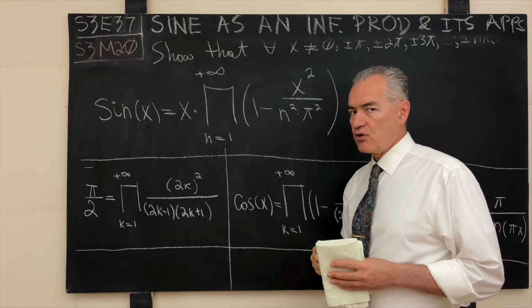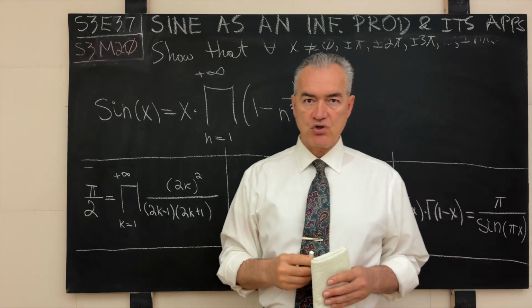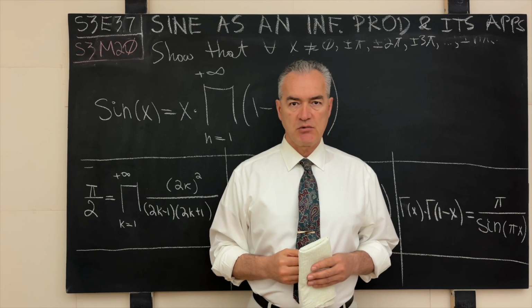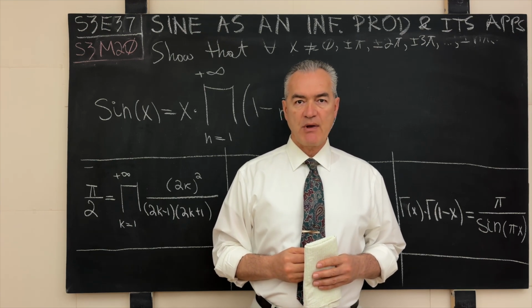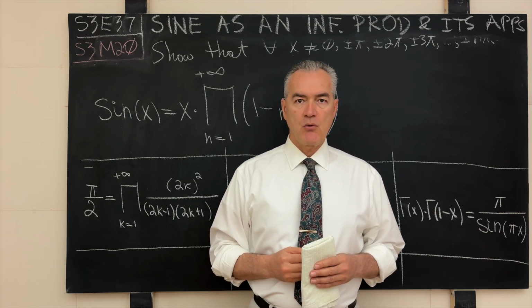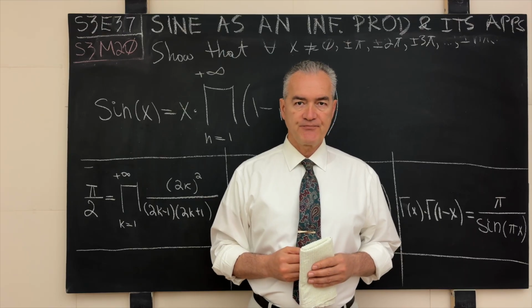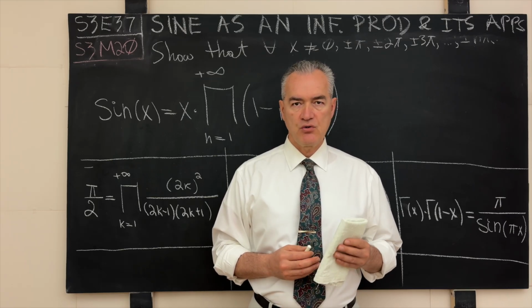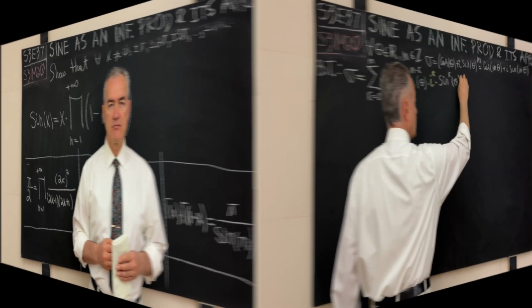And usually on this channel, when I present a solution, I write along as I develop that solution, but because in this particular problem there will be a very large amount of writing involved, I will pre-write the results of the solution on the board, and then I'll go over it with you in greater detail.